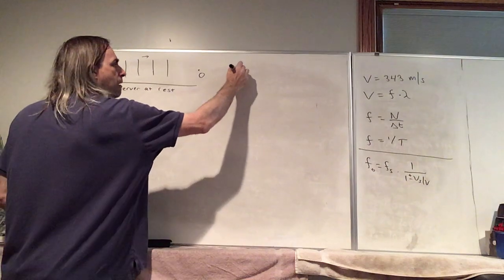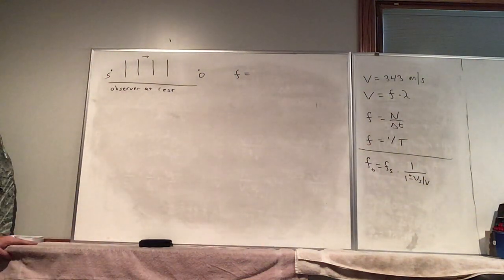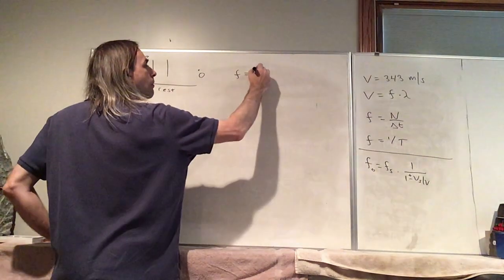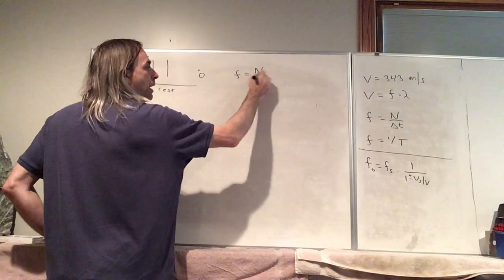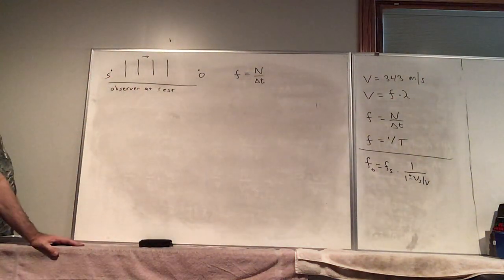And the frequency that the observer sees would just be the number of wavefronts in whatever time period. Now, let's look at a simple example.